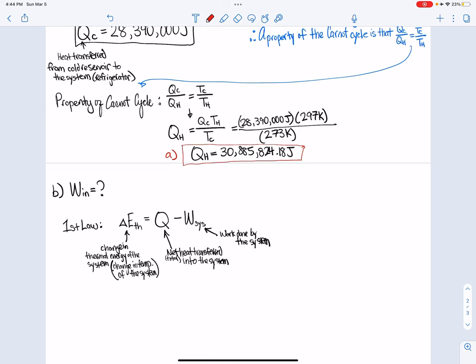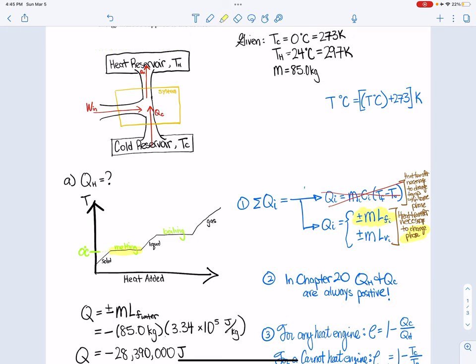Well, let's look at the energy transfer diagram to find out what is the net or total heat transferred into the system. Looking at the energy transfer diagram, I can see that I add QC into my system, because it goes from the cold reservoir into the system.